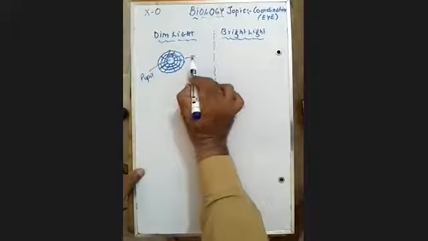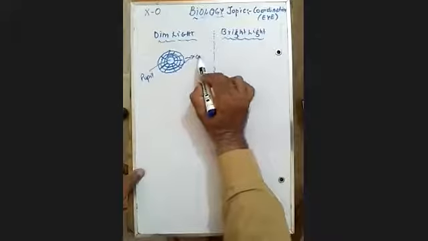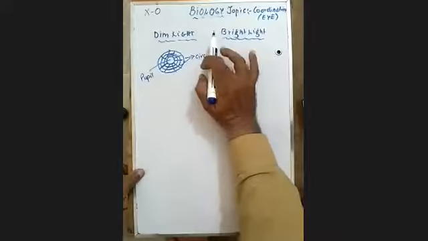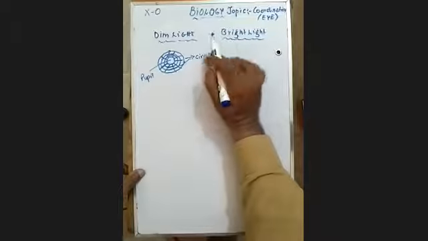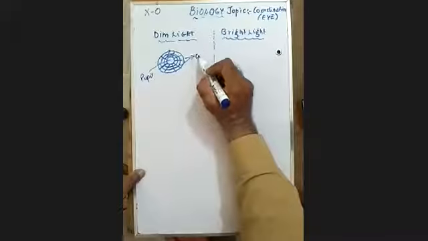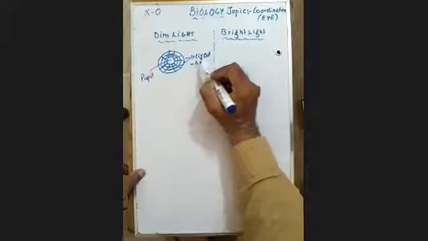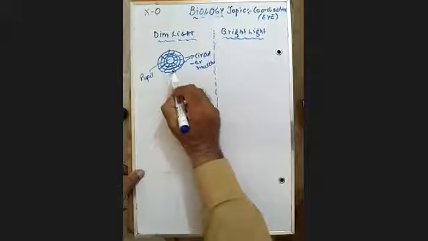This is circular muscles. This is circular and this is radial muscles.